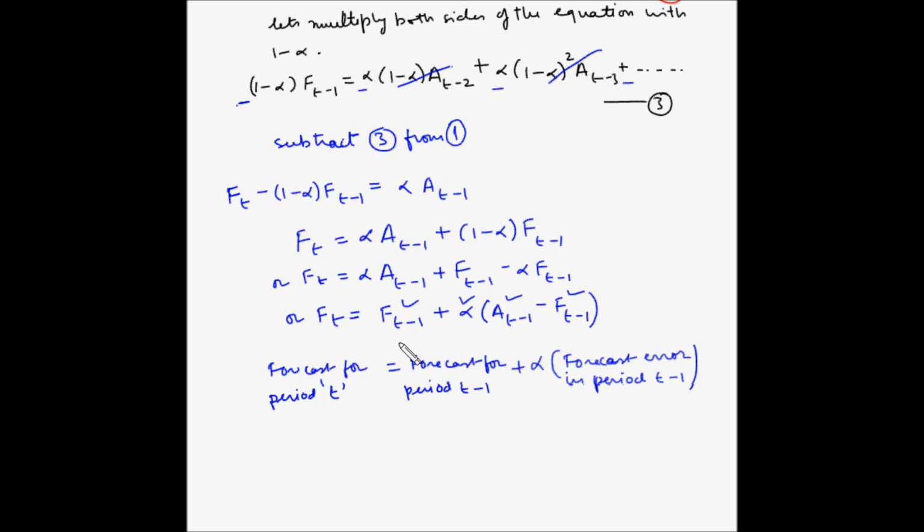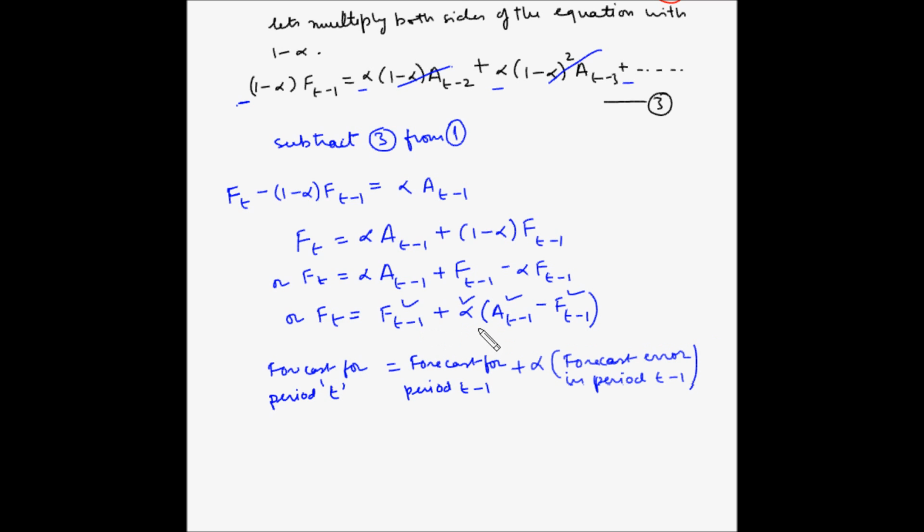Also, in addition to this, the exponential smoothing method is very accurate in generating forecast. The formulation of the model is very easy. We don't need a lot of historical data, so we don't need to store a lot of information from the past. And the calculation is also very easy.